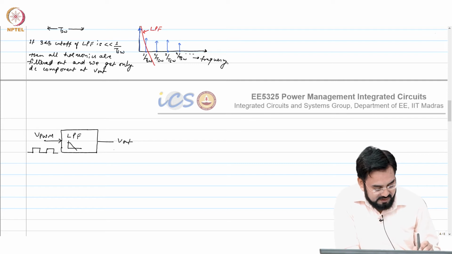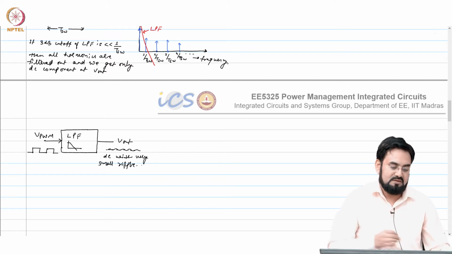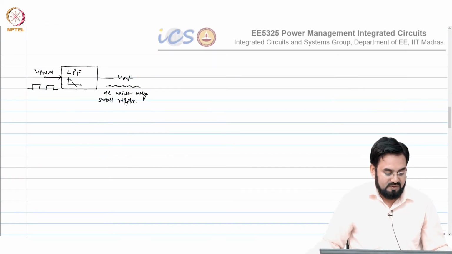So what you get here is DC with very small ripple, okay.